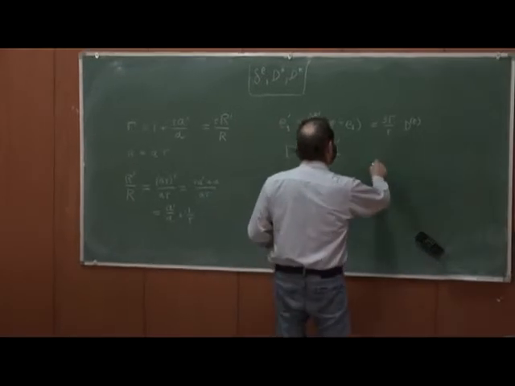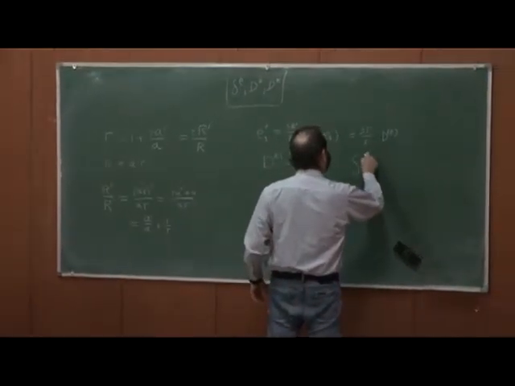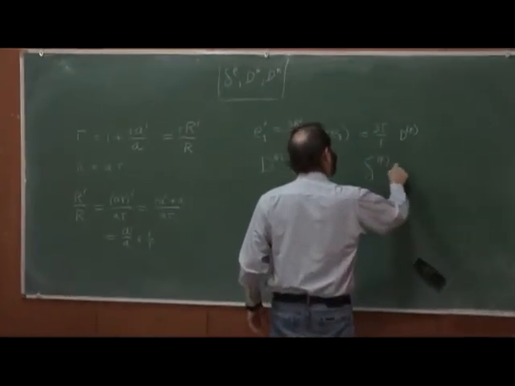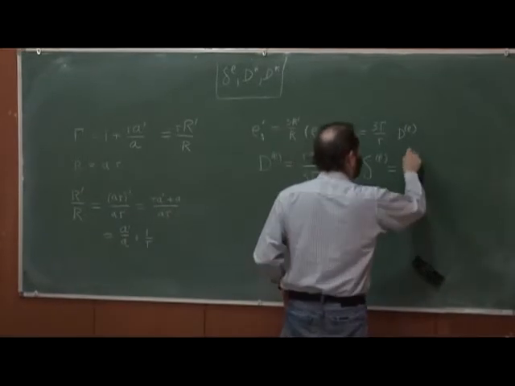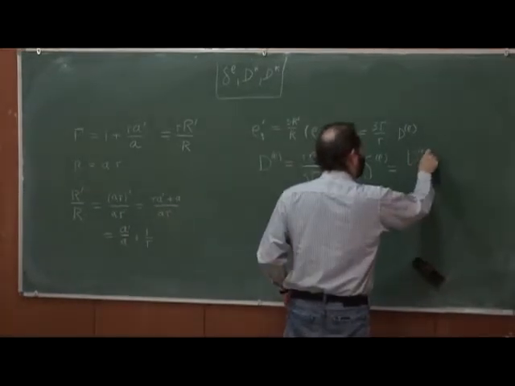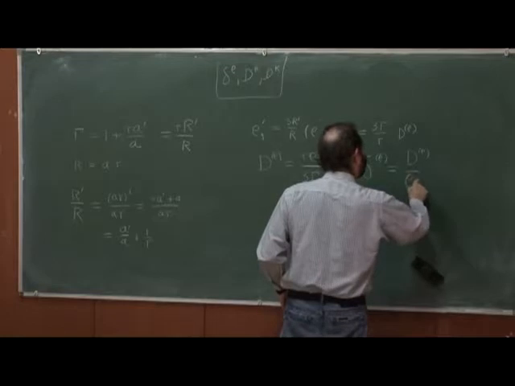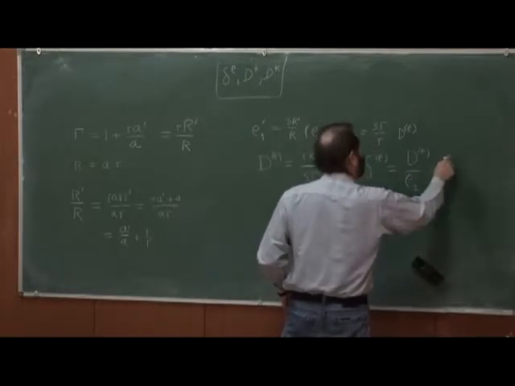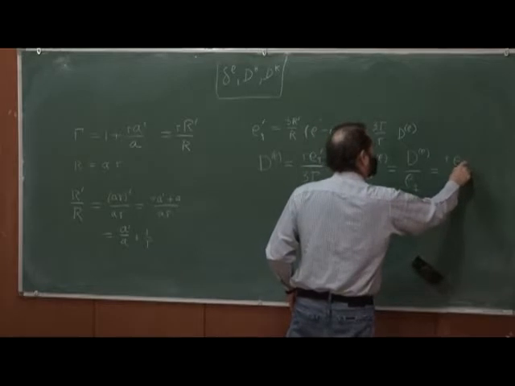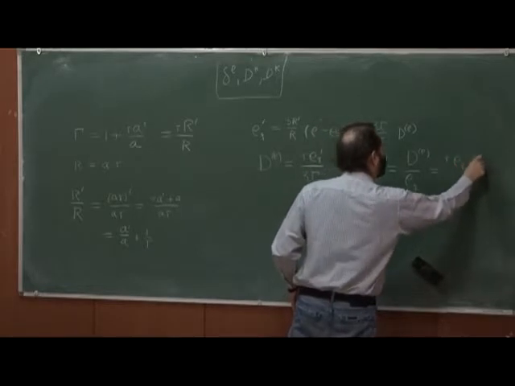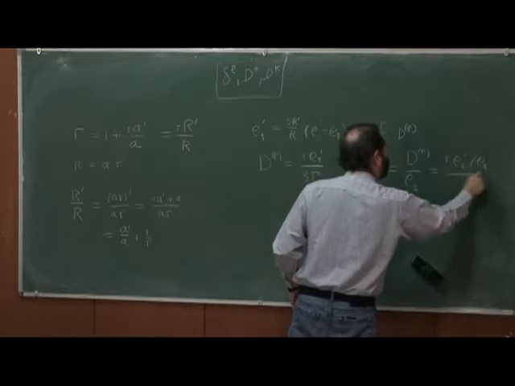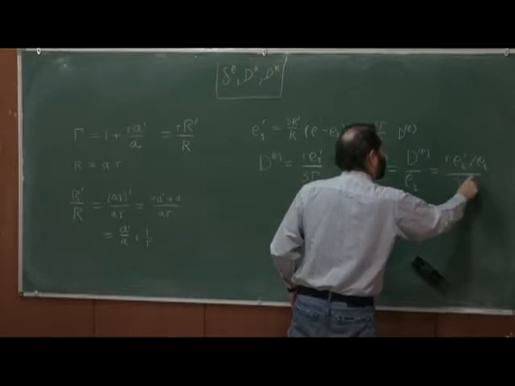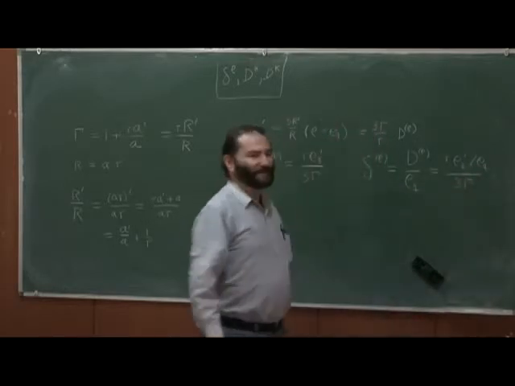And also, delta rho, well, delta rho is this thing, and therefore is R. Okay, very simple.